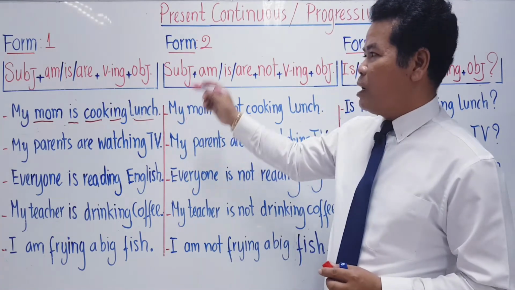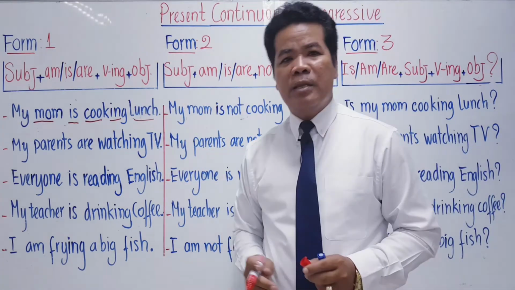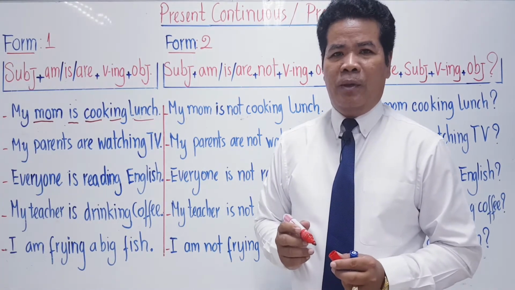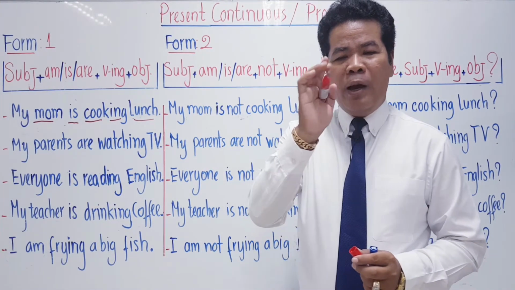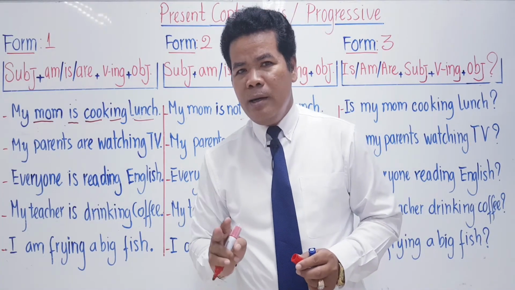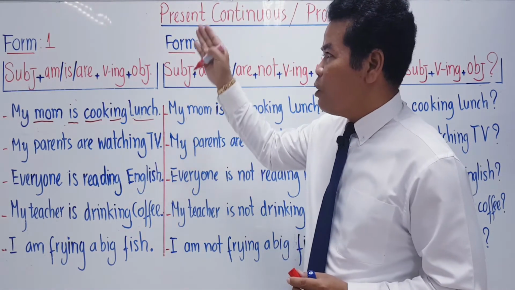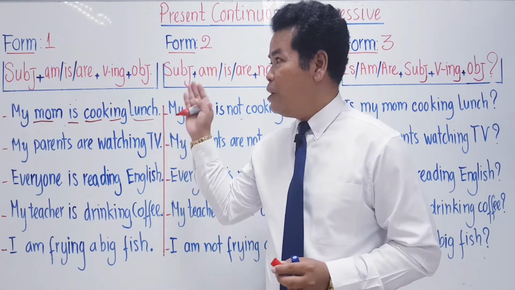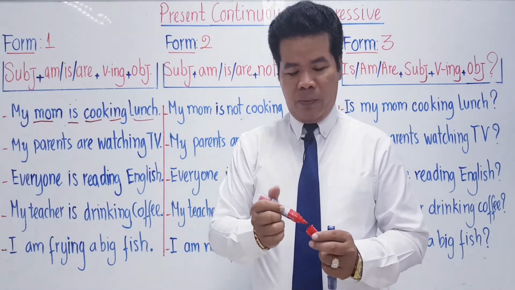This is the correct form of the present continuous, positive. Okay? You have got two stages. Stage number 1, you have to make the correct form first. And then you are going to see the correct sentence.